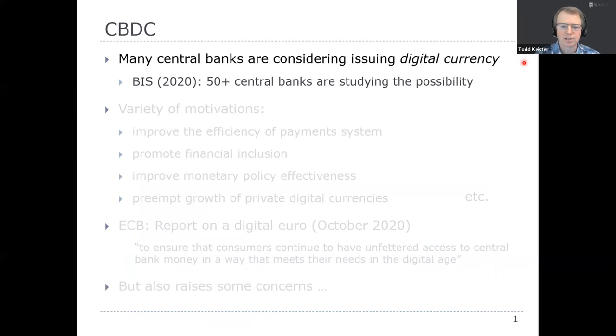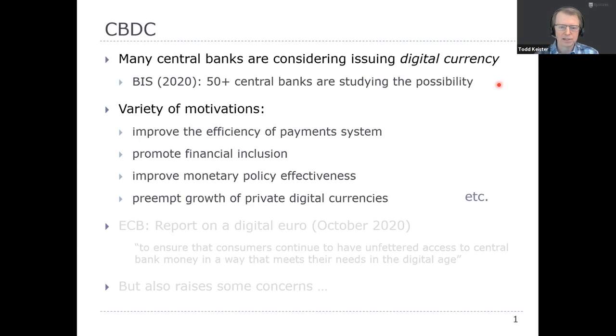So a lot of central banks are talking about issuing digital currencies, and there's this working paper by the BIS where they did a survey. They asked a bunch of central banks, are you considering in some form the consequences of issuing a digital currency? And more than 50 central banks from around the world answered yes to that question. And they also asked them about their motivations, and there are a variety of answers.